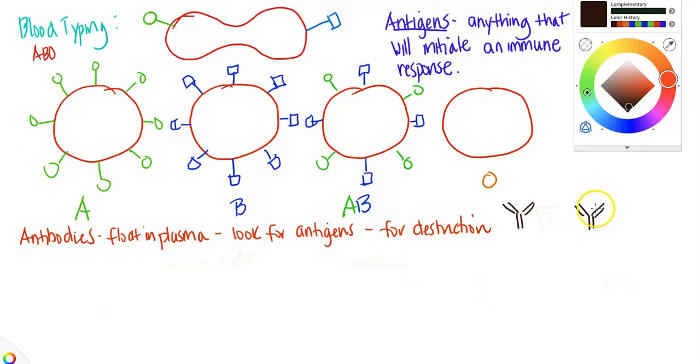The antibodies look sort of like a receptor on their little arms here.